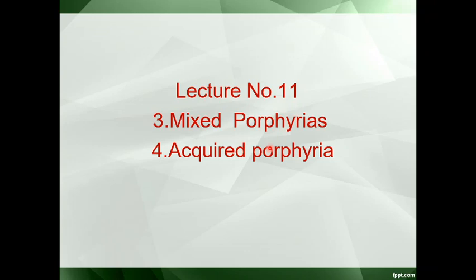Skin is affected, the nervous system is affected, and sometimes the liver is also affected. Acquired porphyria means that certain factors trigger the occurrence of the porphyria. They are not inherited, but some factors, some other diseases, lead to this type of porphyria.